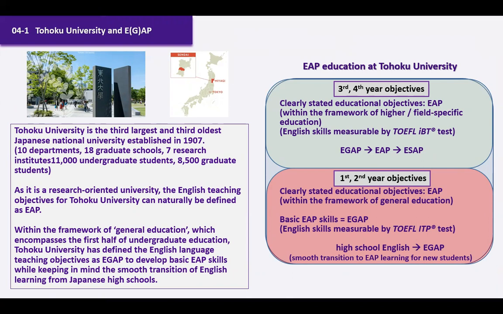We pay attention to a smooth transition for new students from high school to EGAP education. We use the TOEFL ITP test to assess the results of EGAP education. Then, in the third and the fourth years, field-specific EAP or ESAP, that is English for specific academic purposes, will be taught. The assessment criterion here will be the TOEFL ITP test.